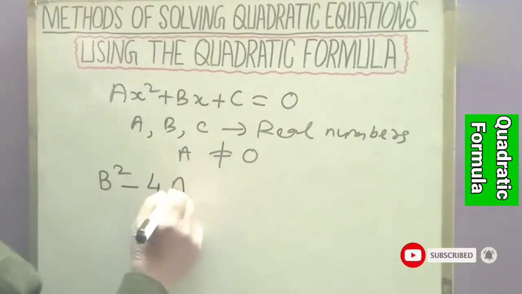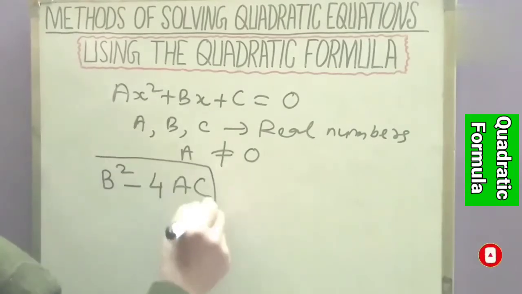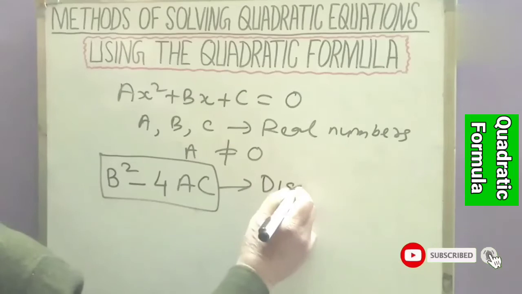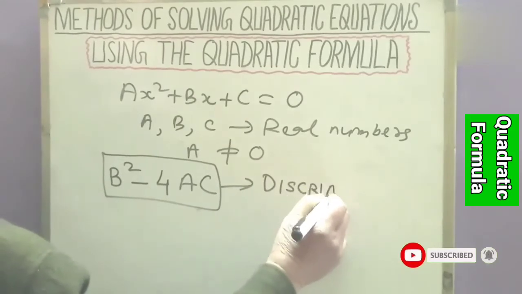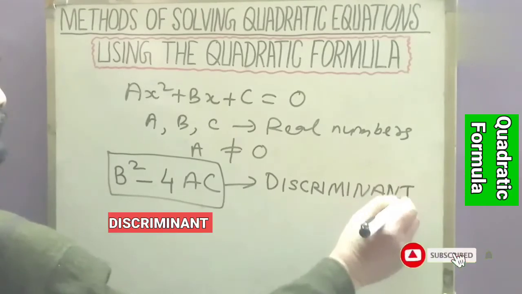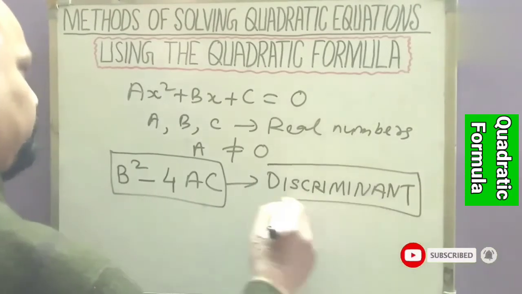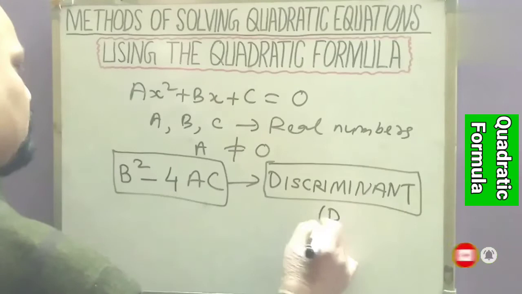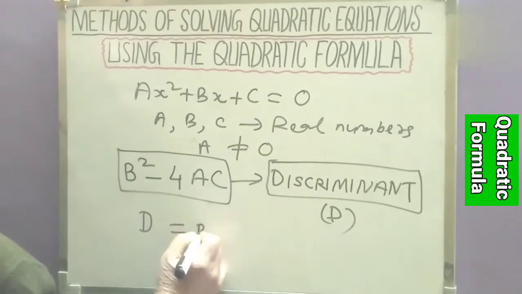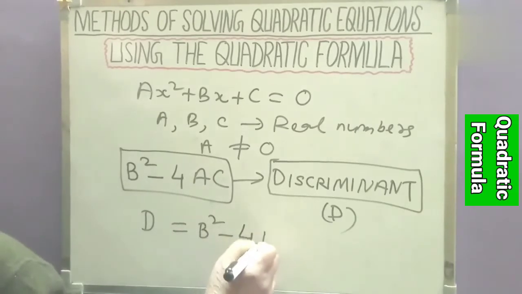The quantity b square minus 4ac is designated as the discriminant d. That is, d equal to b square minus 4ac.